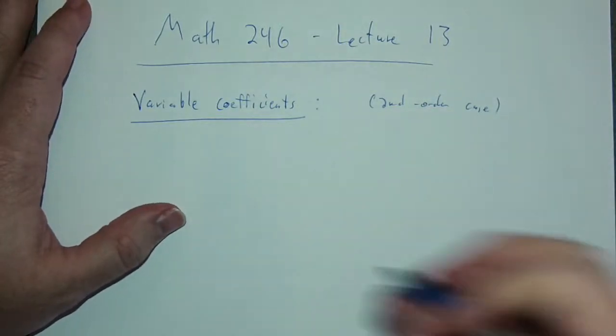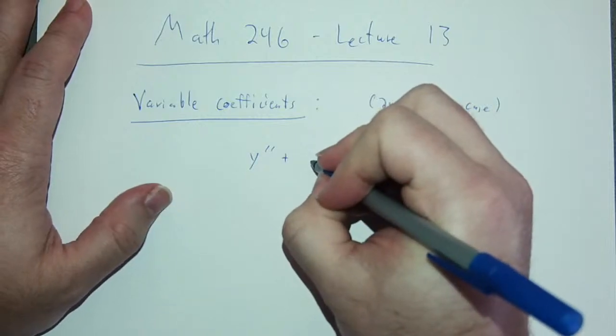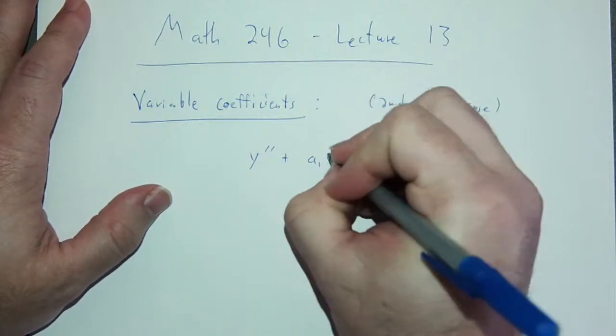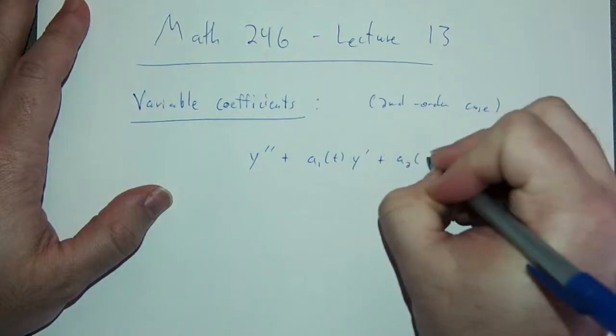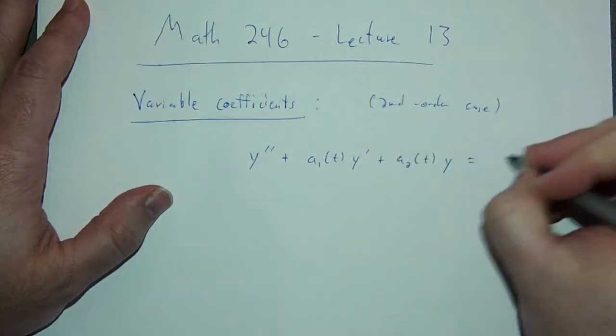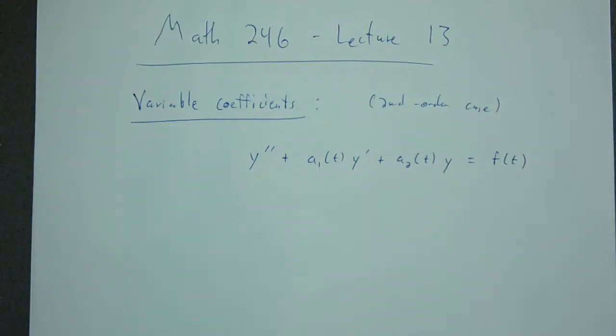So let's say we have something like this: y'' + a_1(t) y' + a_2(t) y = f(t). So it's non-homogeneous with variable coefficients.